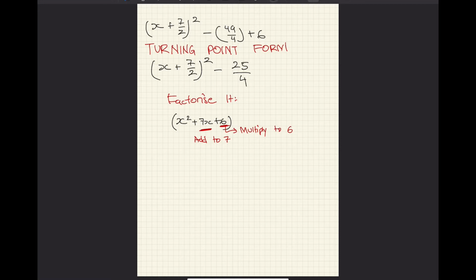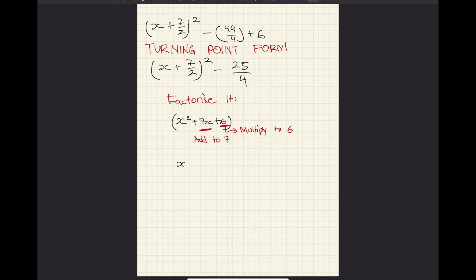So we had a look at this in the quadratics video. If you remember, the c value is the multiplication of the two roots, while the middle value is the addition of the two roots.